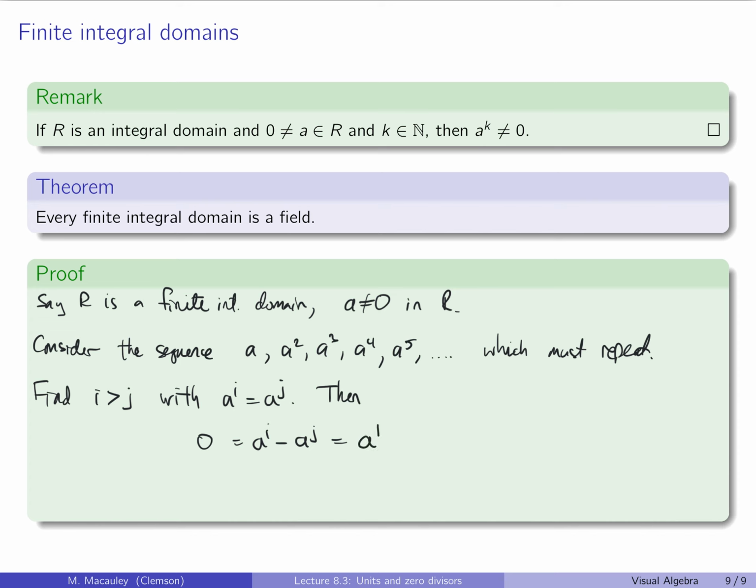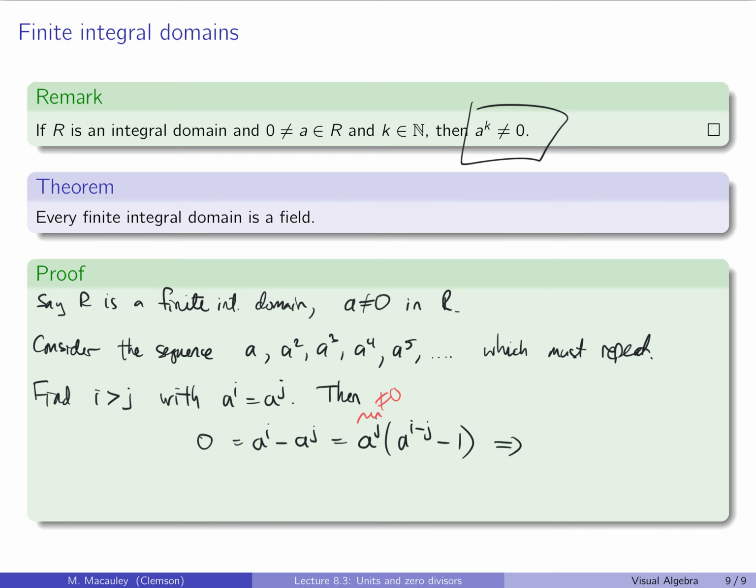So we can write that as a to the j times (a to the i minus j, minus 1). And so if we're in an integral domain, and we know that every power of a is non-zero, so we know that this is non-zero, well, that means that this term must be 0 because their product is 0.